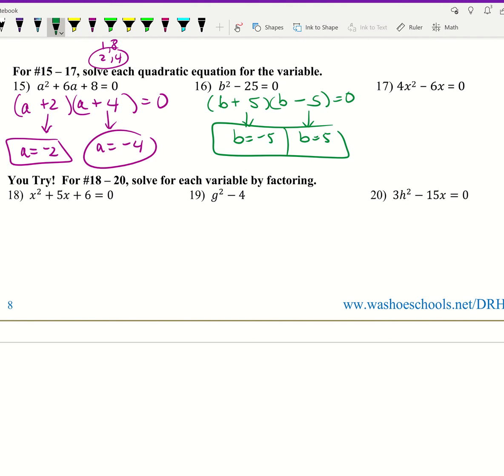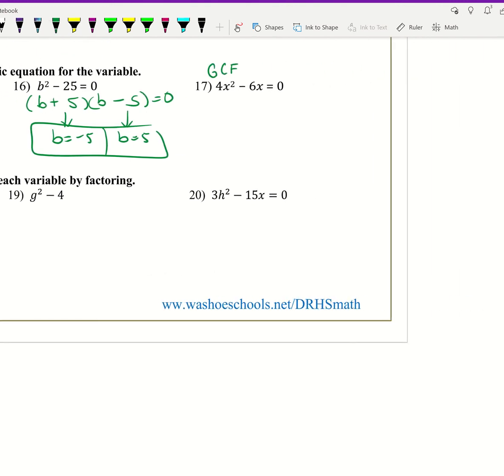Number 17, this is probably for most students the hardest one at the beginning of the year. This is a GCF. These are not perfect squares like they were in number 16. Well, the biggest number that goes into 4x squared and 6x is 2. They both have the variable x. And notice how this problem equals 0, which is why I'm factoring the left-hand side. 2x times another 2x would give you back 4x squared.